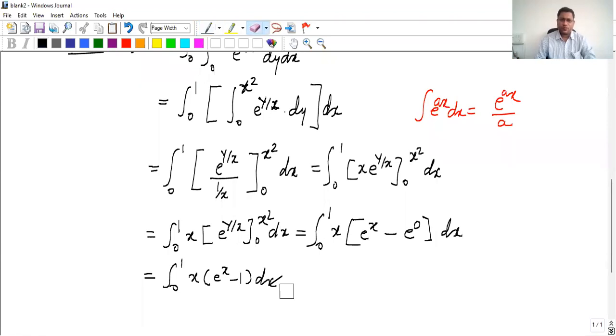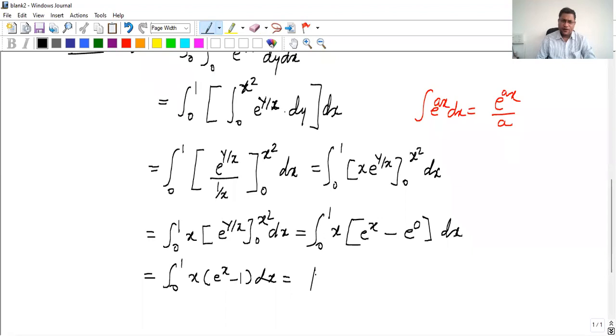Right. So is there any doubt in this example up to here? No, sir. Okay, so let us simplify this integral.